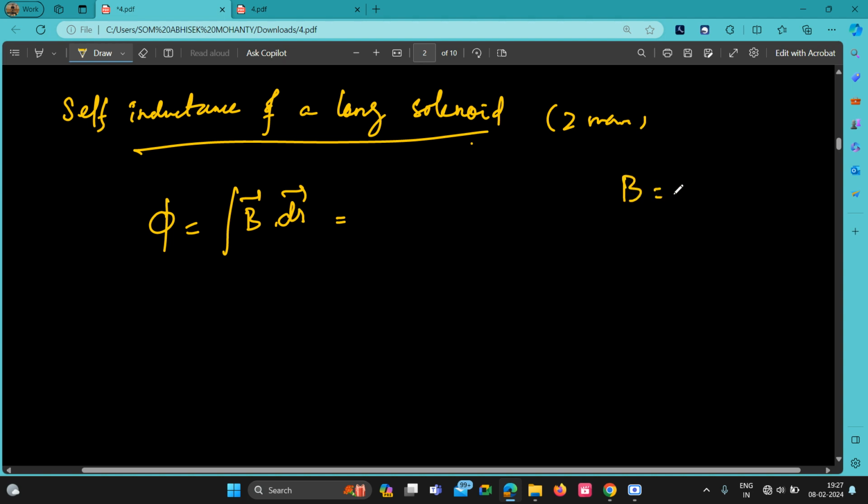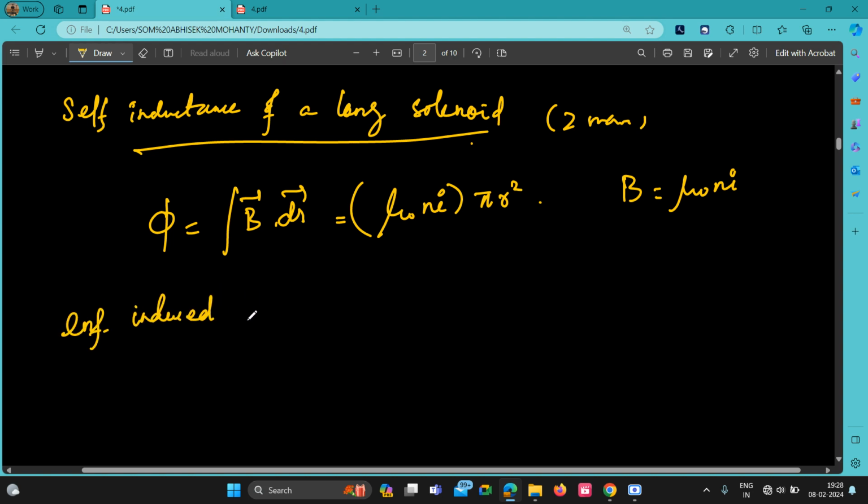B is equal to mu naught n i, right? So mu naught n i. What is the area? Pi r square. Mu naught n i pi r square. Now EMF induced is how much? EMF induced is minus d phi by dt, minus d by dt of mu naught n i pi r square.